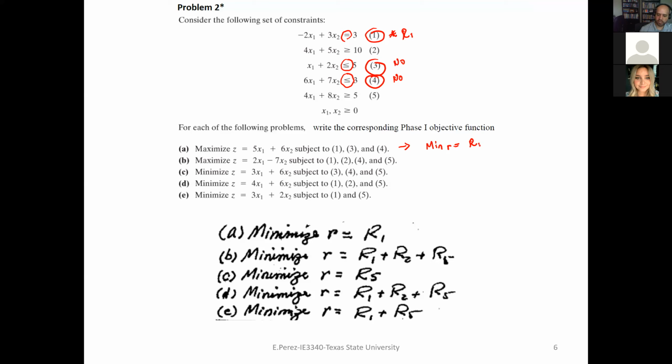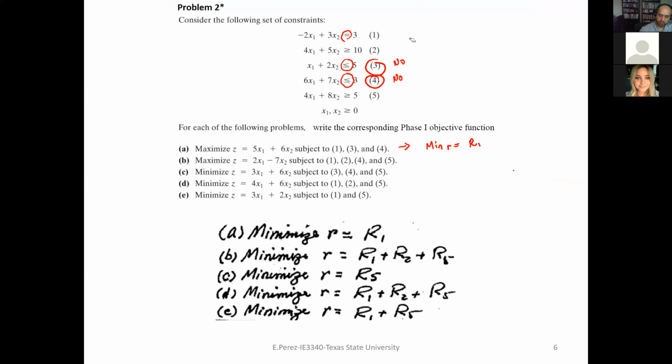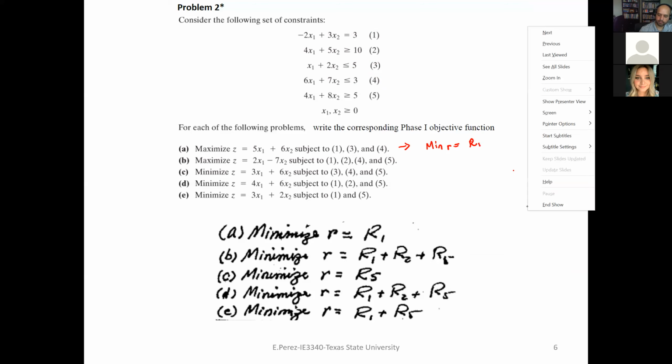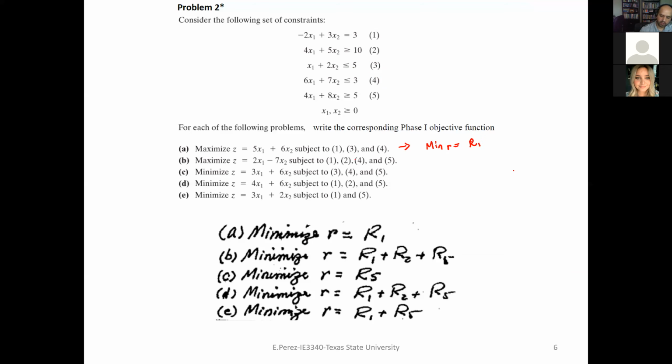If we proceed with the next one, let's see. I'm going to take this. So in this case, we're going to choose 1, 2, 4, and 5. Okay, so 1, 2, 4, and 5.